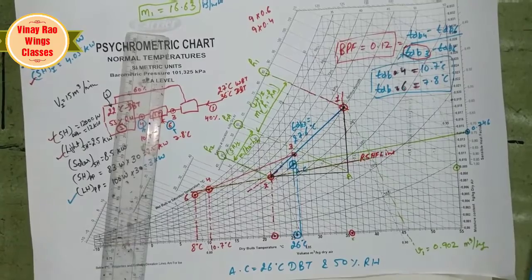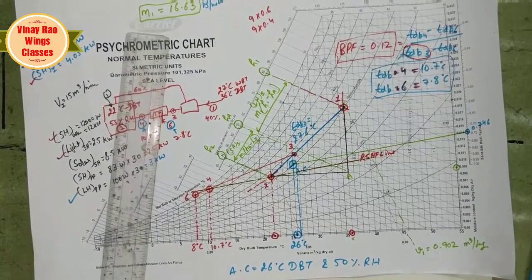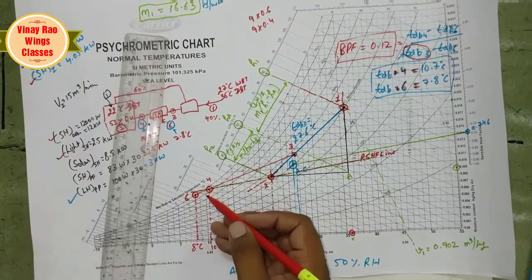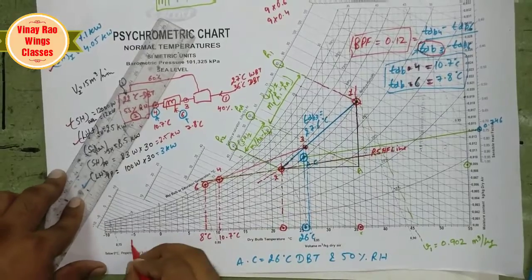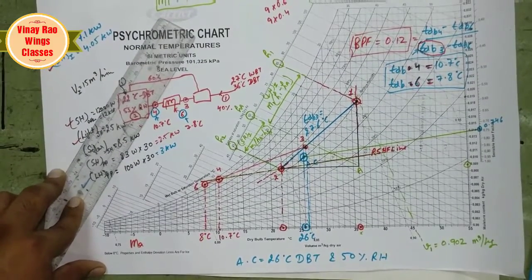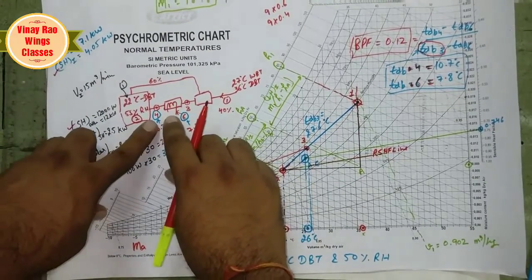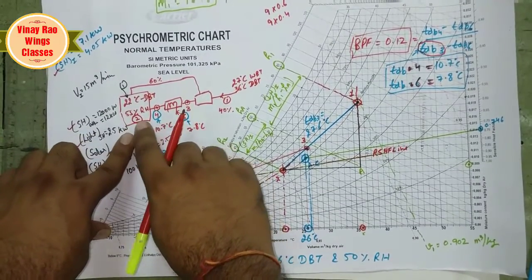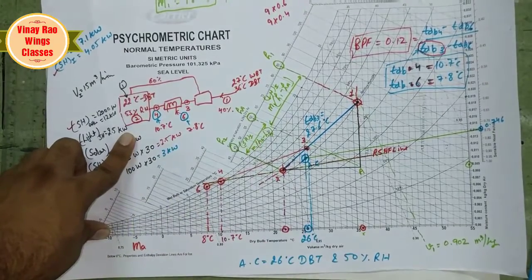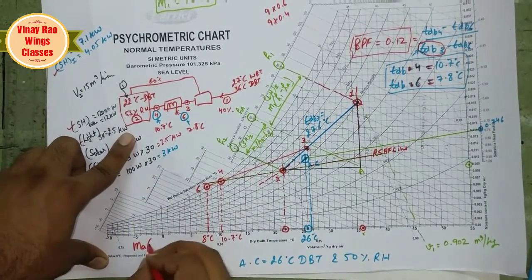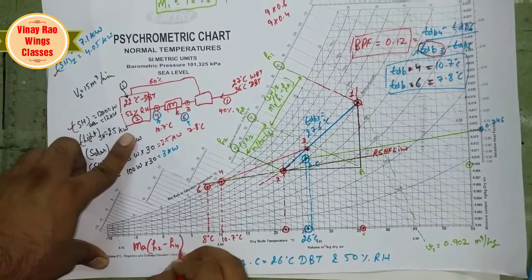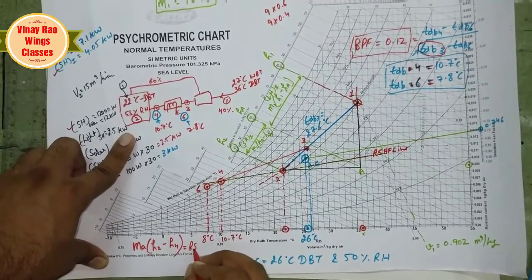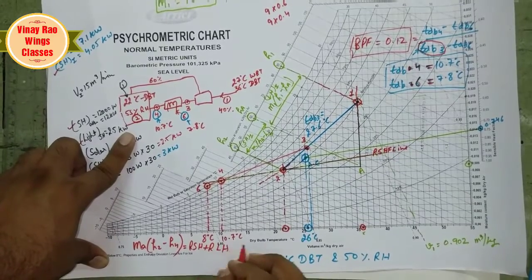After we draw this diagram, we calculate the capacity of the plant. First of all, we have to calculate the mass of air. With respect to the cooling coil, the refrigerating effect is produced by H2 minus H4. So MA into H2 minus H4 is equal to room sensible heat plus room latent heat.